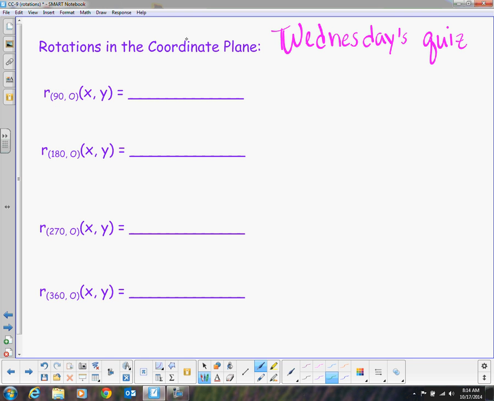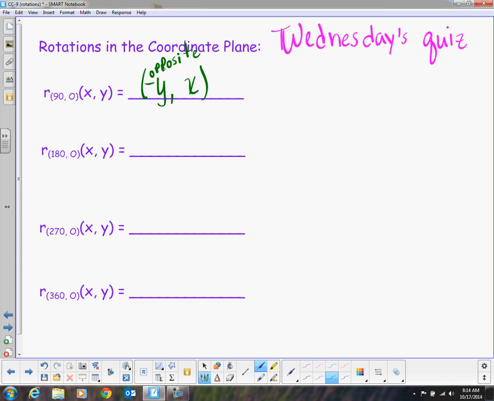So rotations in the coordinate plane. When you rotate 90 degrees of an ordered pair (x, y), the coordinates switch and you take the opposite of the first. Didn't we do this yesterday? But I did this hurriedly, and this is what your homework is tonight. This negative means opposite.